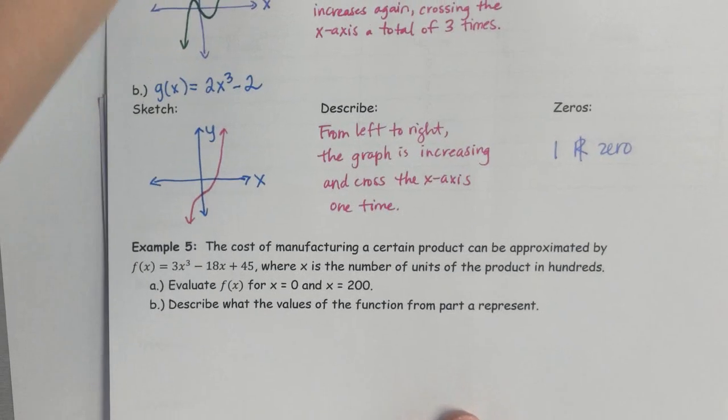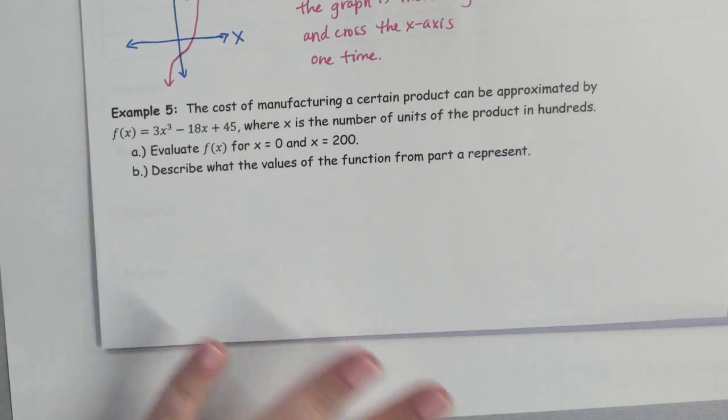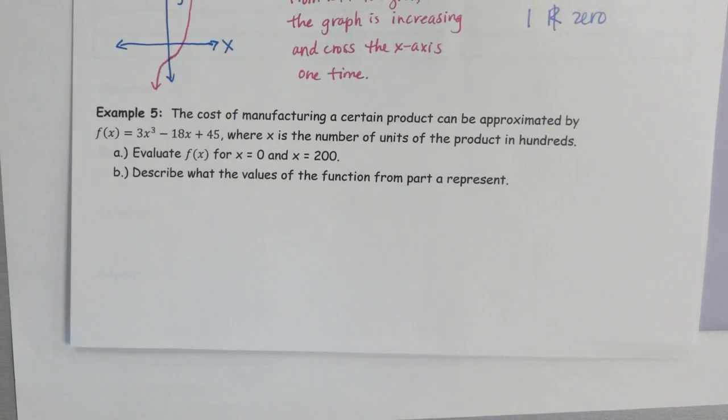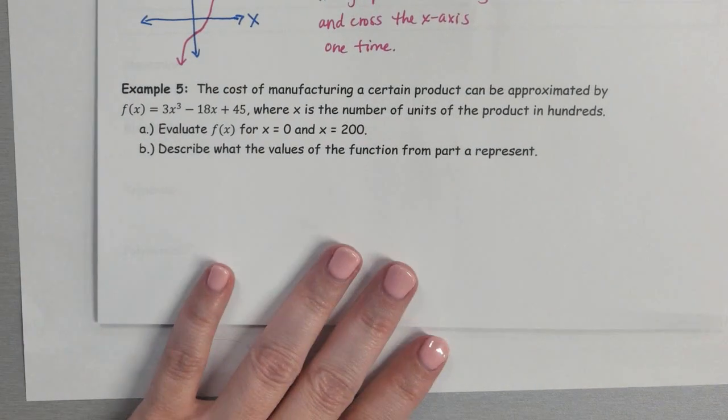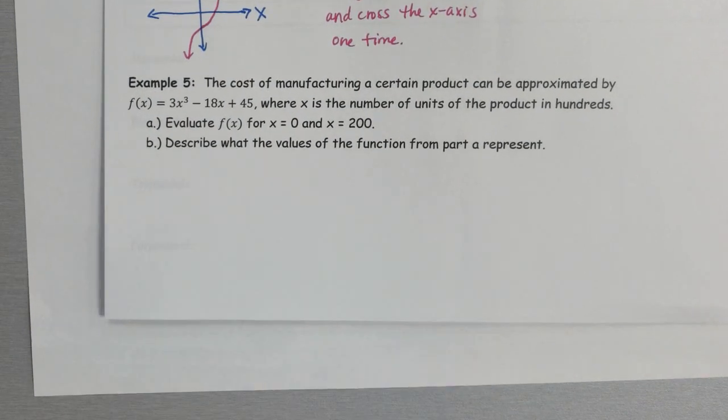All right, then let's look at example 5. So example 5 is a story problem that we're going to have to interpret. So it says the cost of manufacturing a certain product can be approximated by f of x equals 3x cubed minus 18x plus 45, where x is the number of units of the product in hundreds.